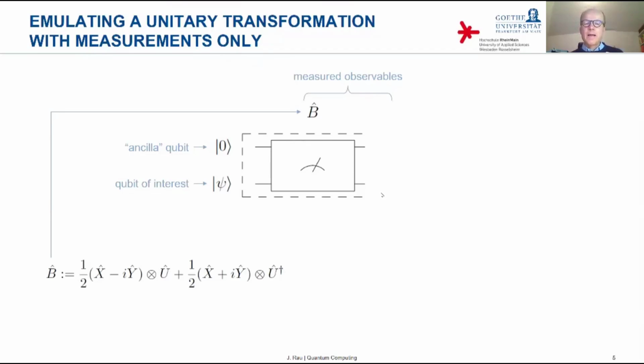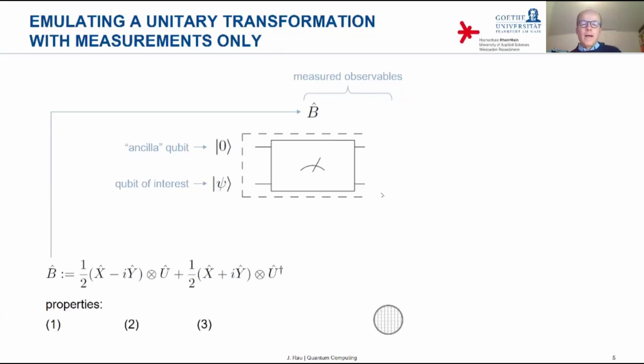This is the operator acting on the first qubit. Tensor a unitary operator, and that's precisely the unitary operator U that we would like to emulate with our measurement. Plus a second term which looks very similar, only you have a change of sign in front of the imaginary unit, and you have the U dagger instead of the U.